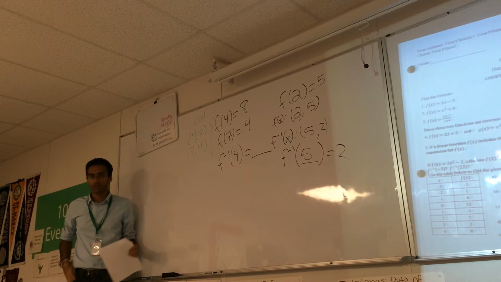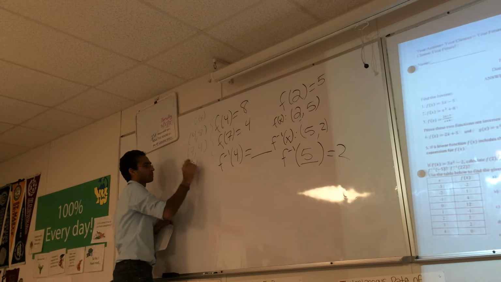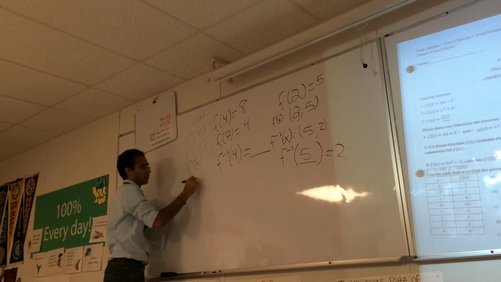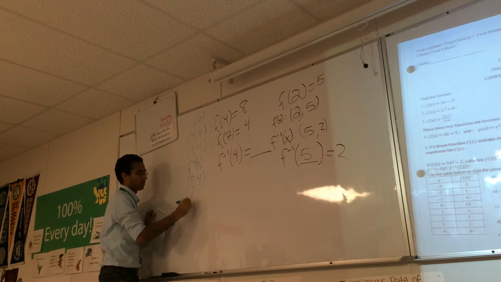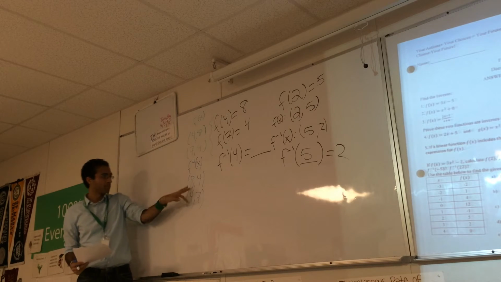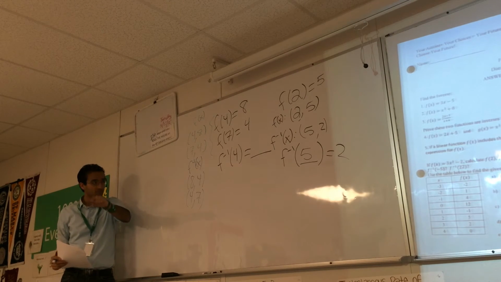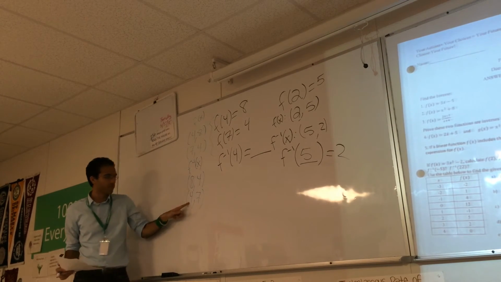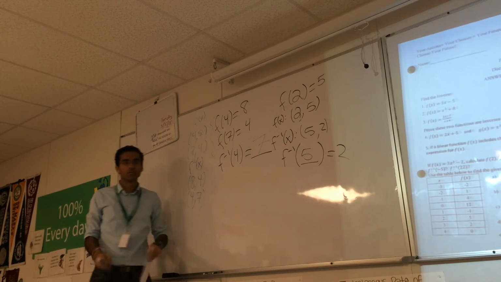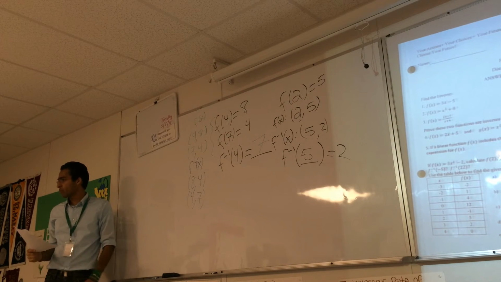Guaranteed on the inverse, I have these points. Swap, swap. So now, Lucio, the answer is 7. F inverse of 4 is 7.